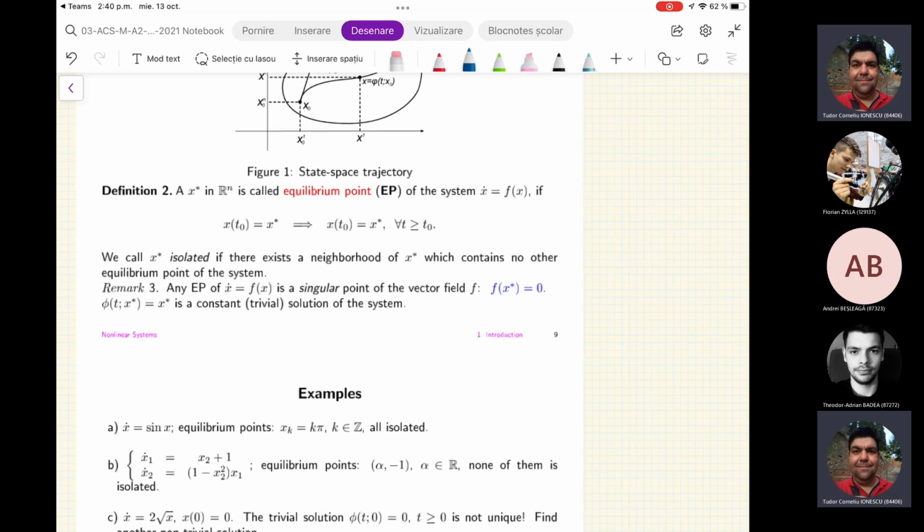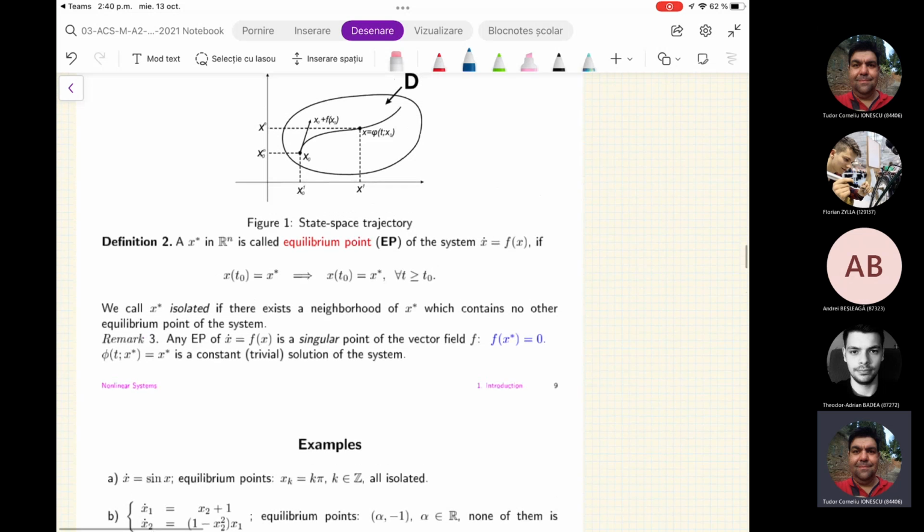So an equilibrium point is a point that has a constant trajectory, parallel to the horizontal axis, with a constant value for all time t. This is called an equilibrium point.